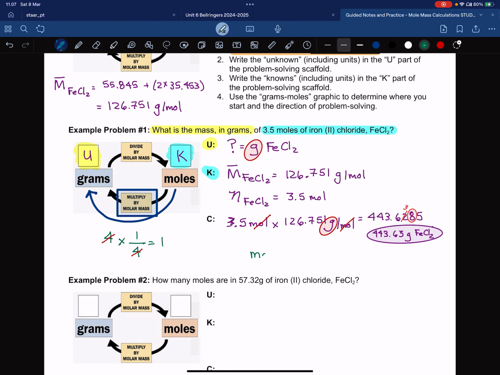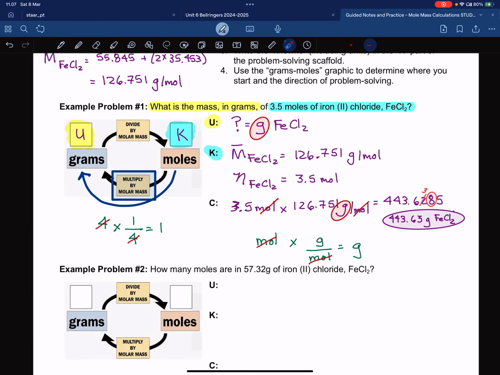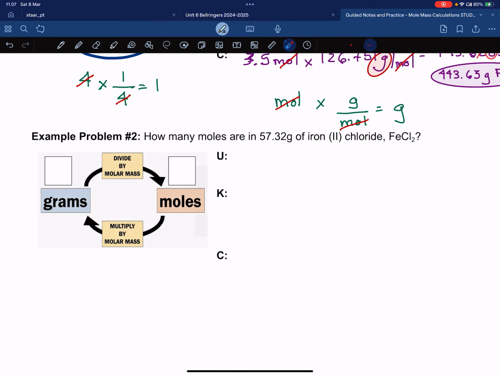You have moles, and you're multiplying it by grams over moles. The moles is a bit like the 4's. They cancel, and it leaves you with grams. You got grams here, and that's what you want, so you must be right. If you're doing your problem solving correctly, it's kind of self-error checking.